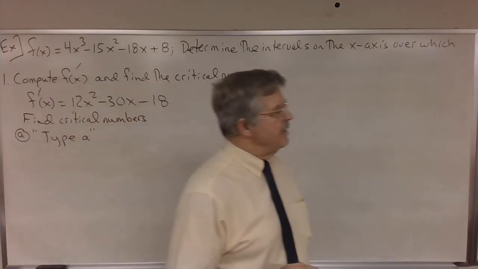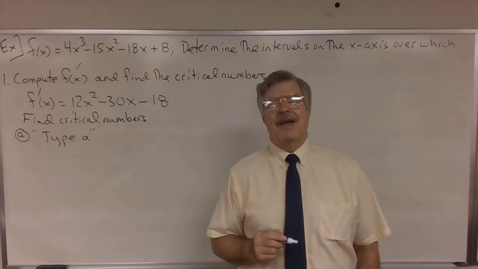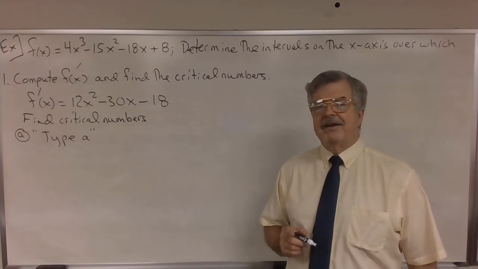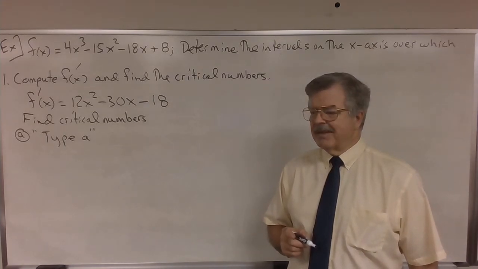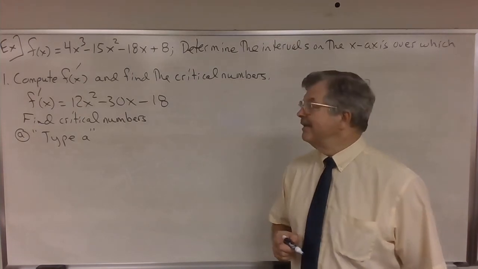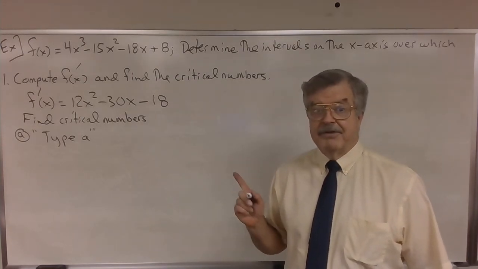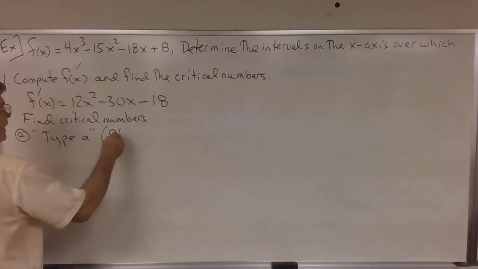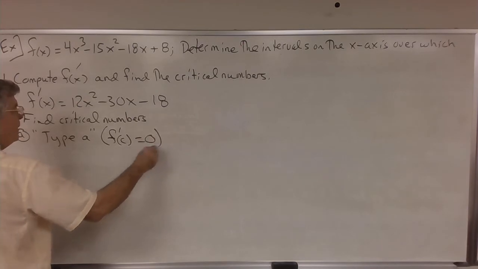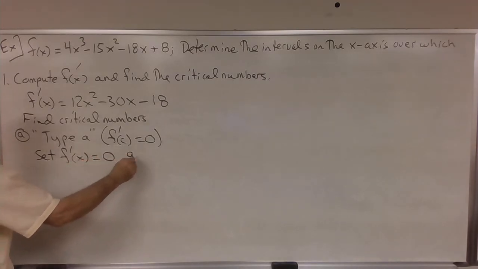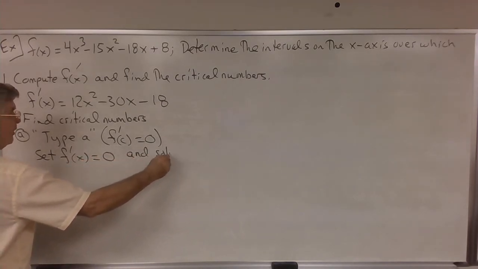Type A critical numbers. What is the identifying characteristic of a type A critical number? That's a value of x that makes the derivative 0, right? Okay. So f prime of c is 0. And we set f prime of x to 0 and solve for x.